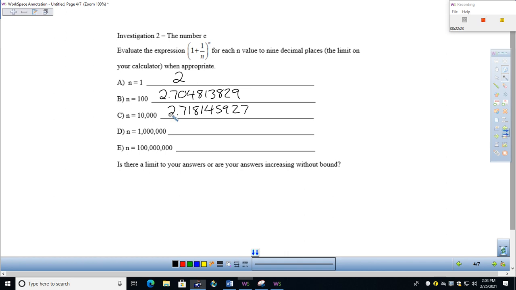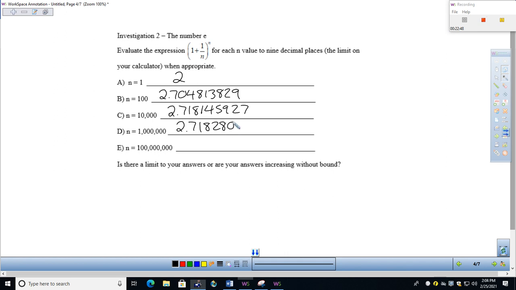All right, now obviously I could keep going on the calculator with you here, but I don't want to use our valuable time to do that. I'm going to write them in and watch what's going on here as n is getting really large. I went from 10,000 to 1 million, and 1 million to 100 million, and watch what happens to the value of the expression. Does it increase dramatically or barely at all?